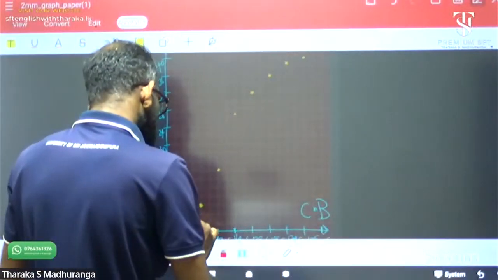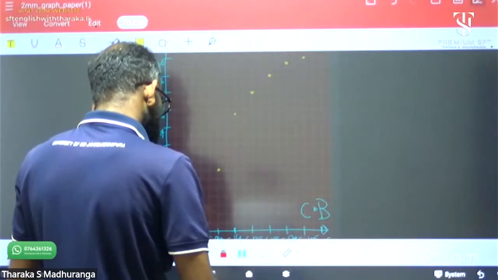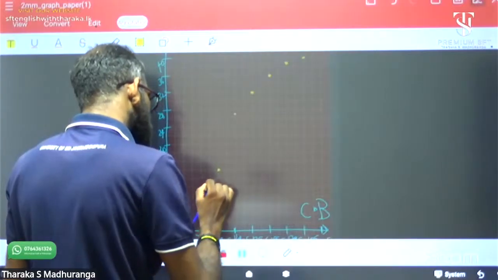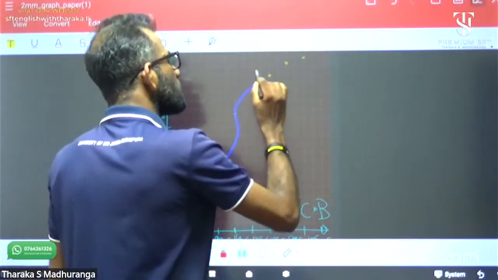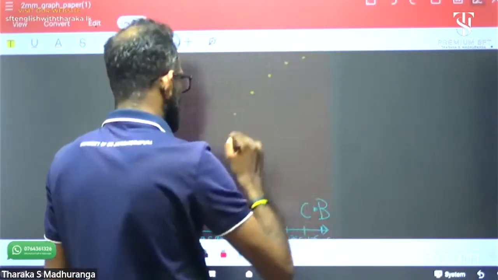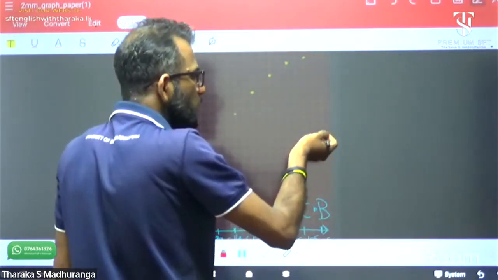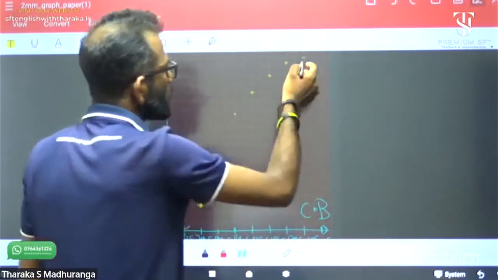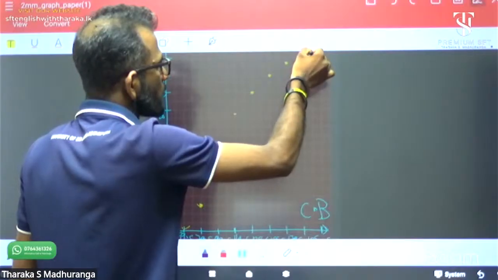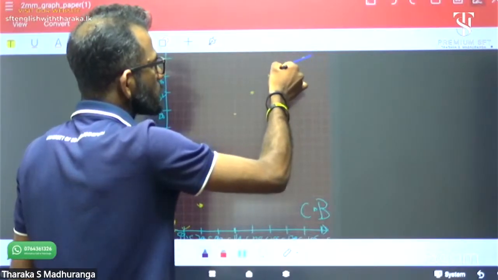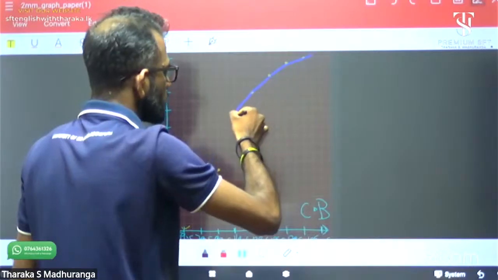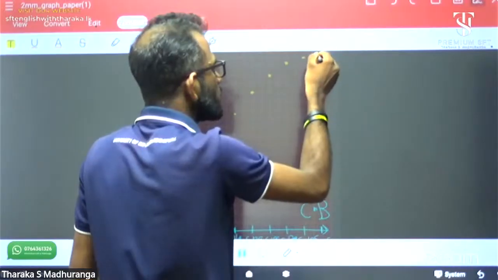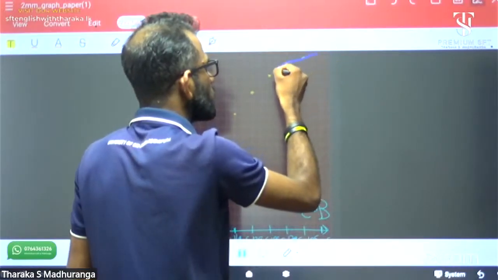Now you can draw a very smooth line like this, starting from the first class lower boundary. Normally, this cumulative frequency curve is S shape. Okay, I can't get the exact shape, but you can draw using your sharp pencil.